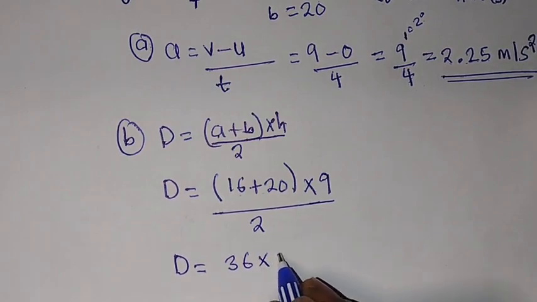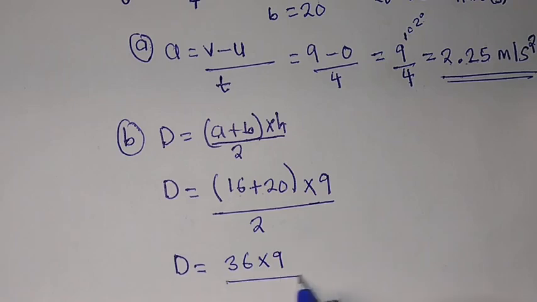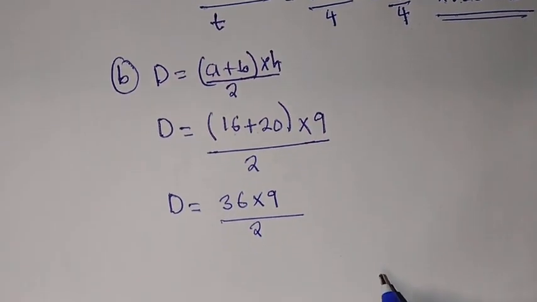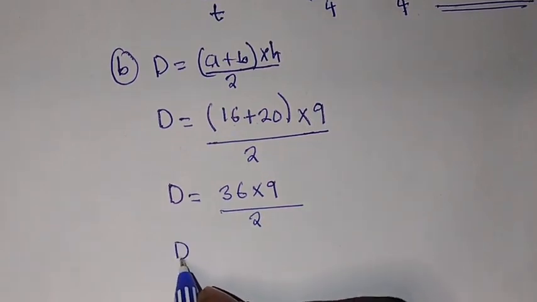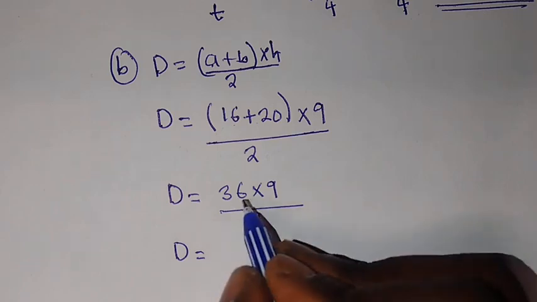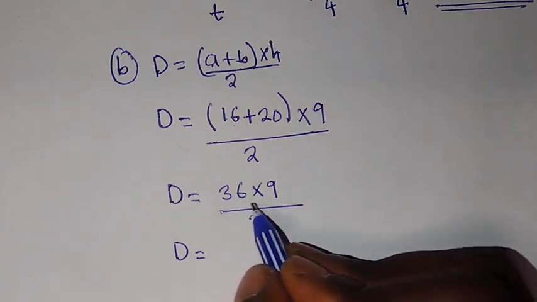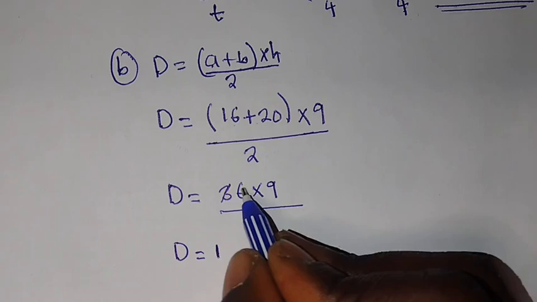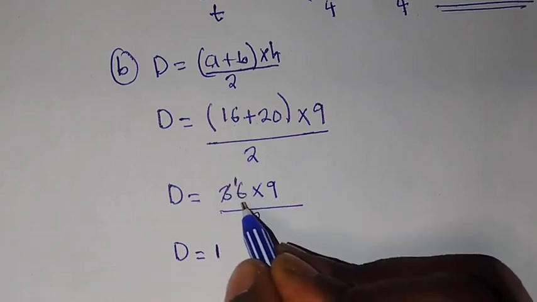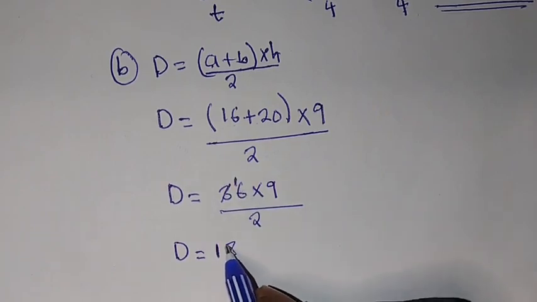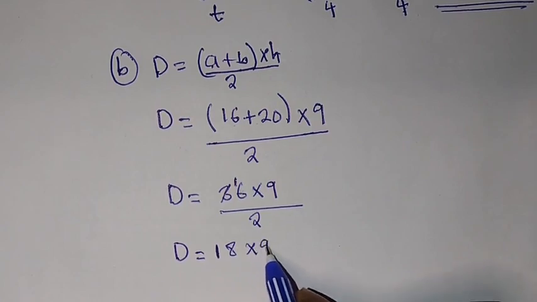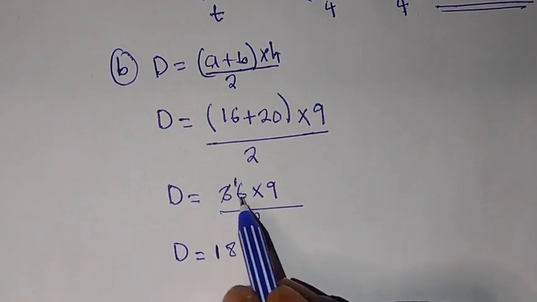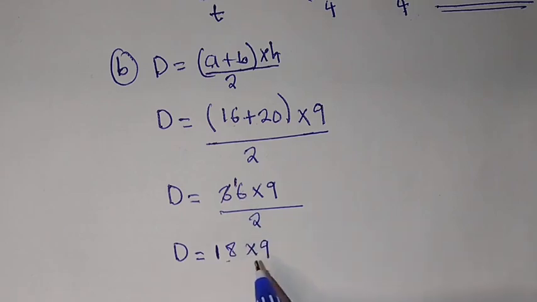That will be multiplied by 9 over 2. So here we can divide. 2 into 36 goes there 18 times, then times 9.